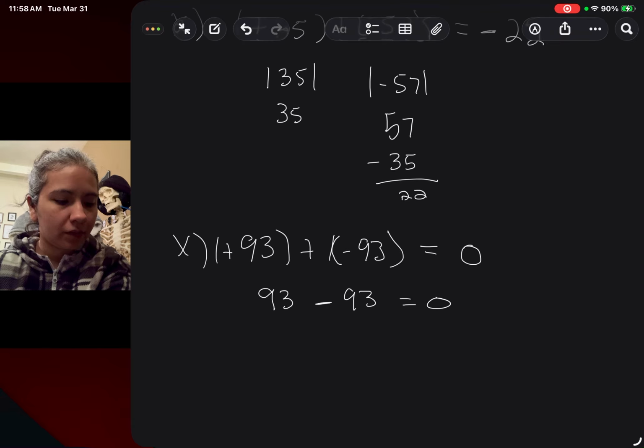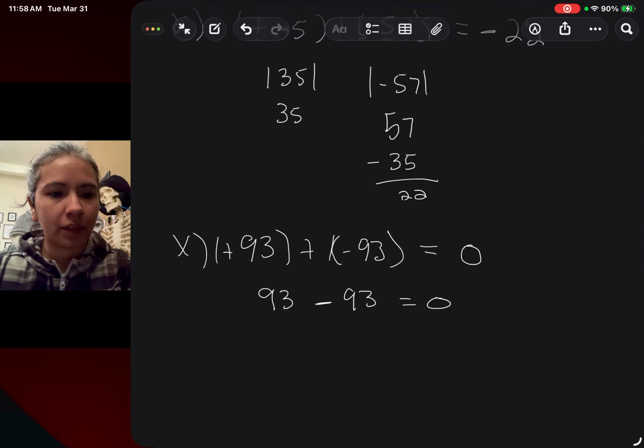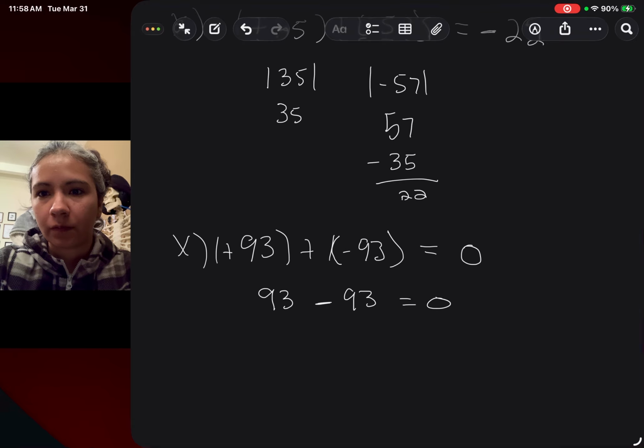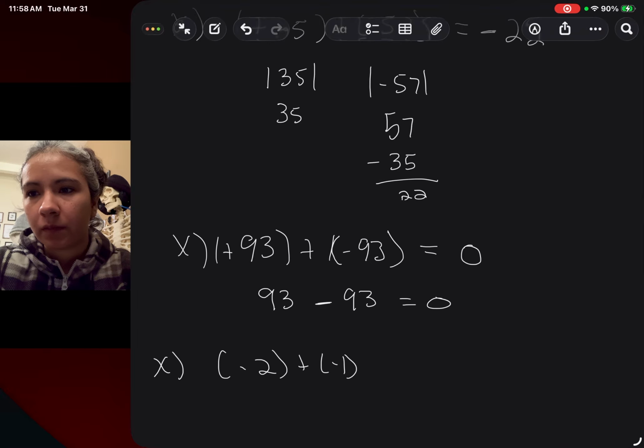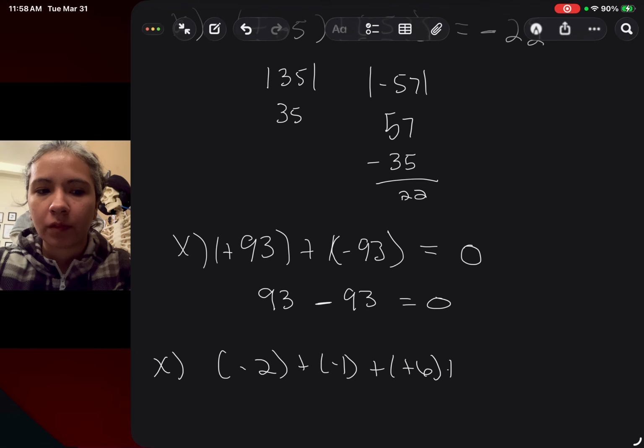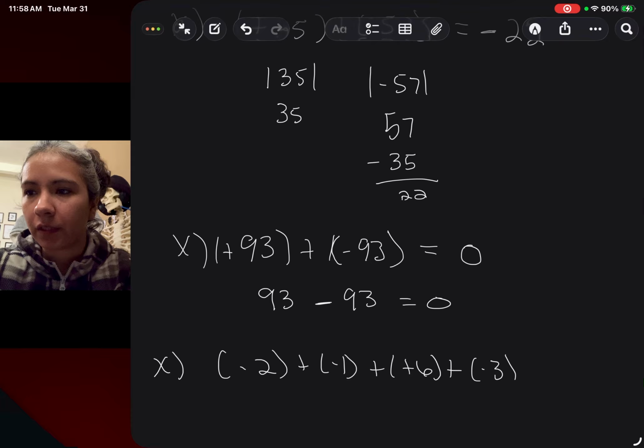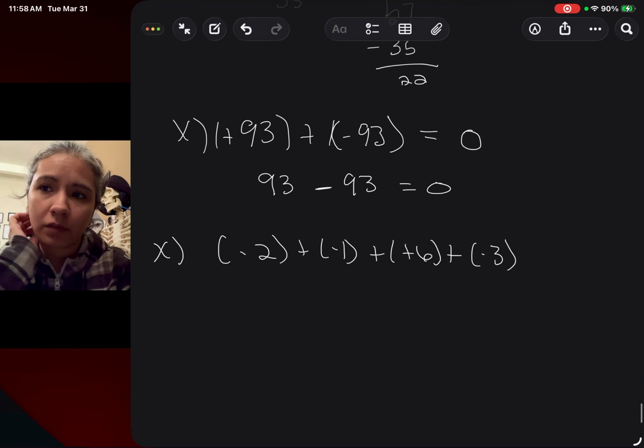So now let's do another example for finding the sum. Let's do negative 2 plus negative 1 plus positive 6 plus negative 3. So we can do this two ways.